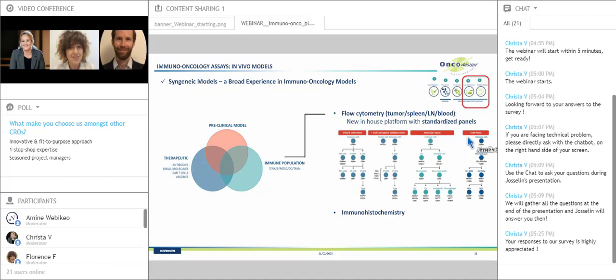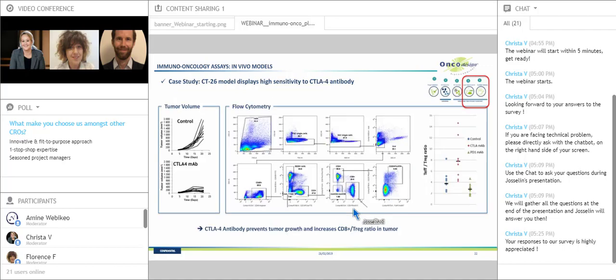We now have a vast experience using these panels in all kinds of tissues: tumor tissue, spleen, lymph node, blood, and so on. Of course, we can also propose services for immunohistochemistry if you are more focused on questions that matter to the localization of your markers.